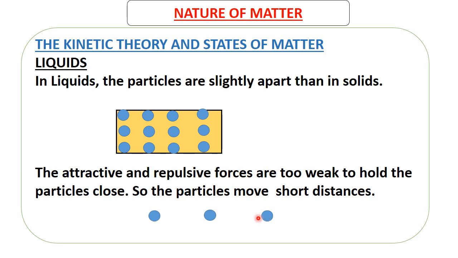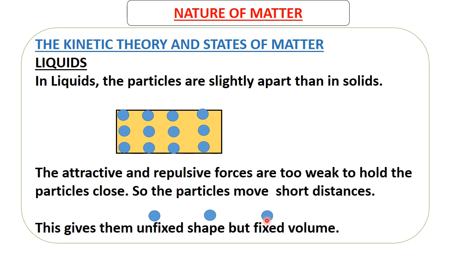So it will be moving like this, like this. So the particles move short distances. That is the reason why liquids have an unfixed shape, because the particles are free to move a bit. So we can conclude that this gives them unfixed shape but fixed volume. Why fixed volume? Because the particles are still close to each other, but they are moving short distances. That's why the shape gets distorted. The shape can change.